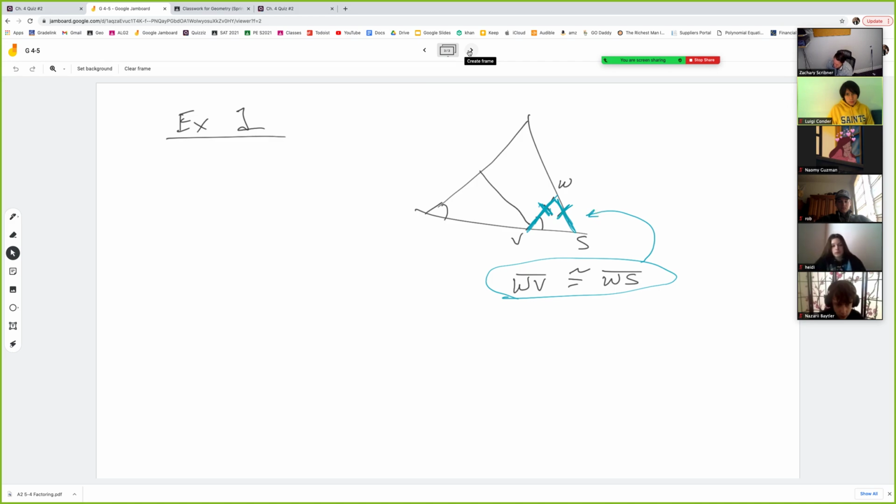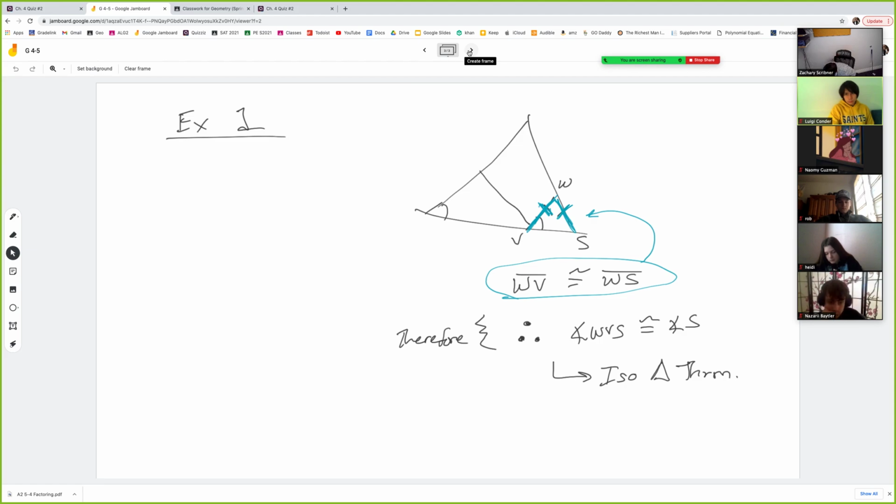And so, the isosceles triangle theorem says that we can say, therefore, okay, if you don't know what three dots means, don't forget that, three dots means therefore, angle WVS is congruent to angle S, and the reason is because of the isosceles triangle theorem, which says that if two sides are congruent, then the angles opposite those sides are congruent.